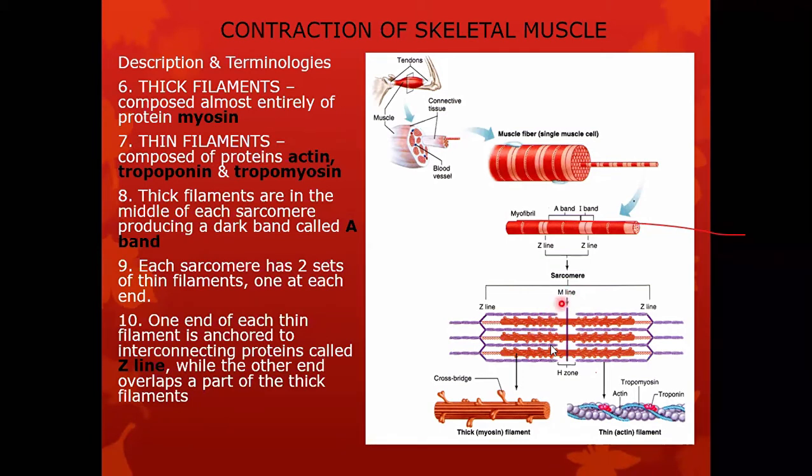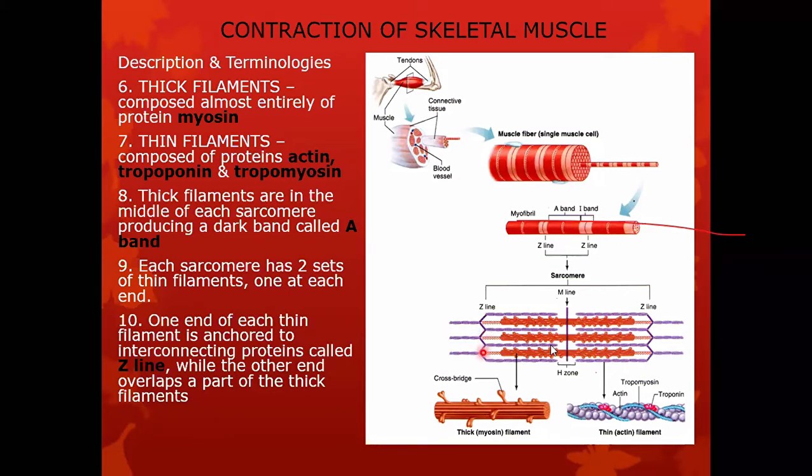The thick filaments are in the middle of each sarcomere. So it's here, okay? And each sarcomere has two sets of thin filaments at the sides, bound to the Z line, one on each side.